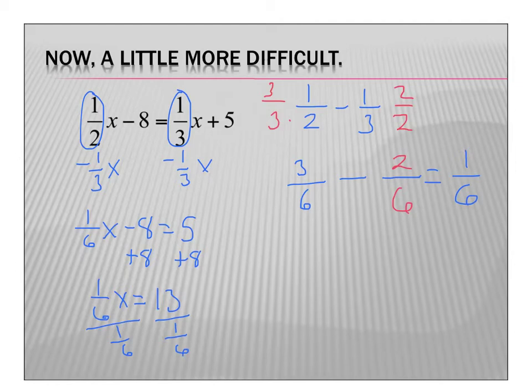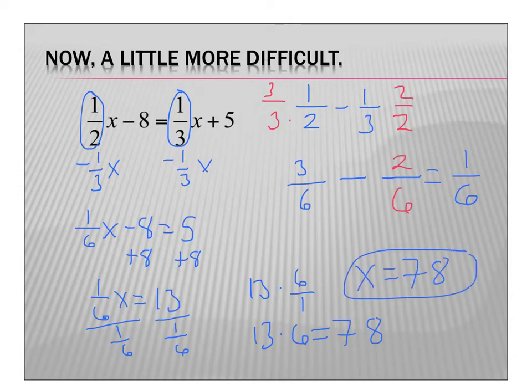So 13 divided by 1/6 is the same as 13 times 6 over 1, or just 13 times 6, because 6 over 1 is just 6. So 13 times 6 is 78. Which means our answer is x equals 78. And we're donezo.